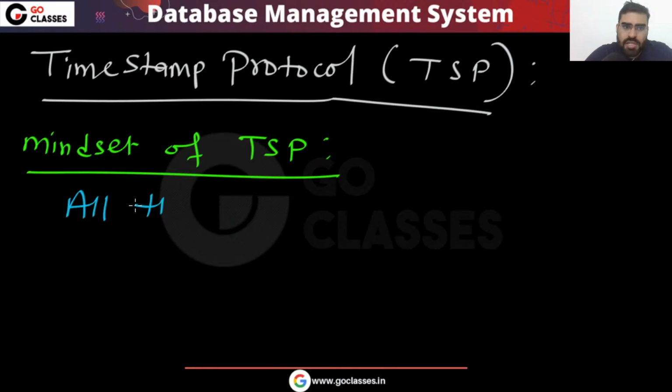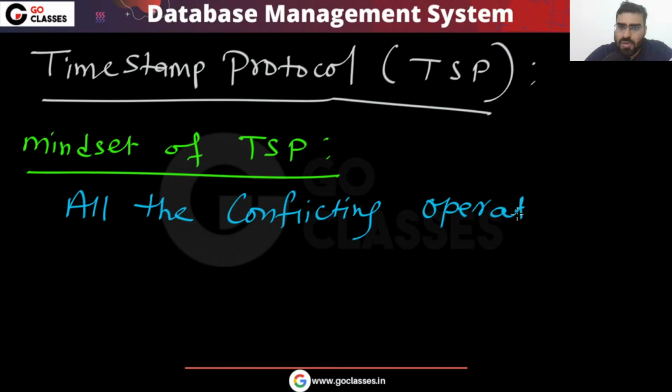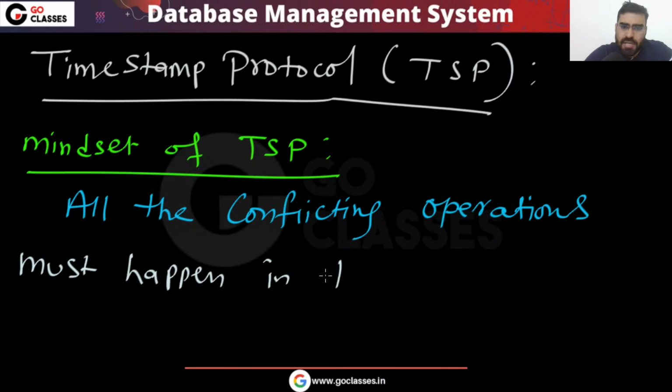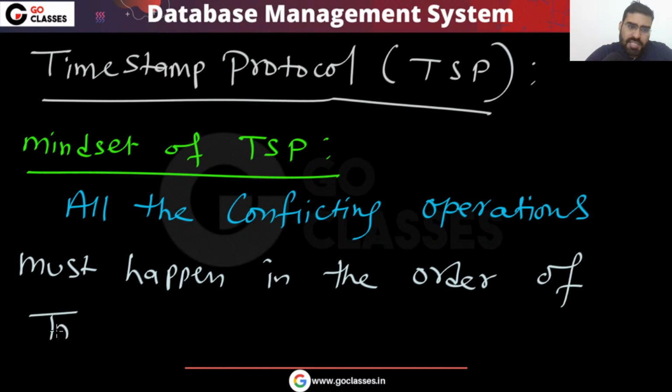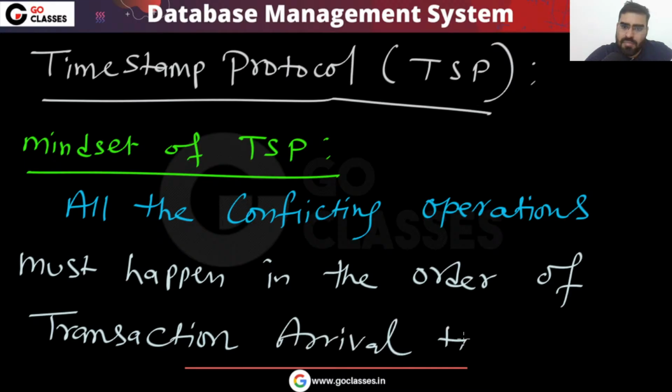Remember, very simple: all the conflicting operations must happen in the order of transaction arrival time.